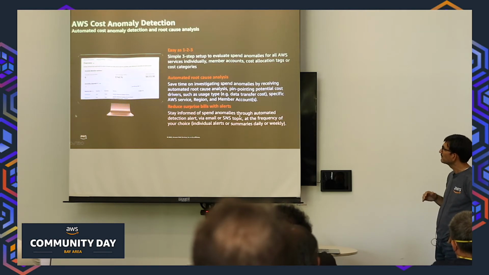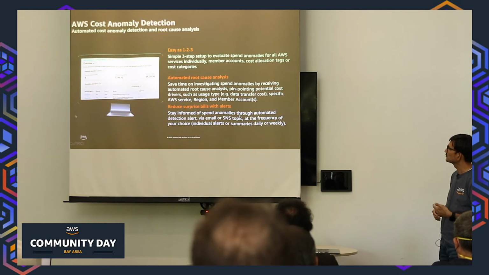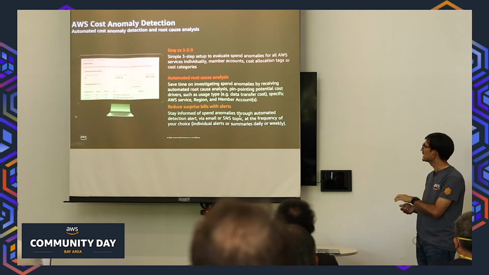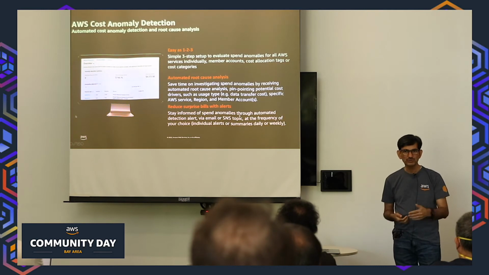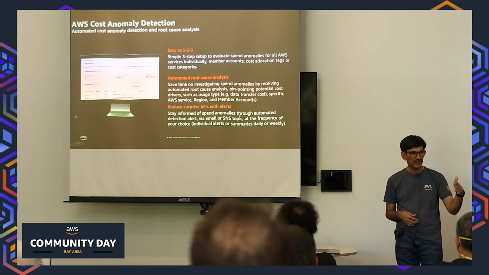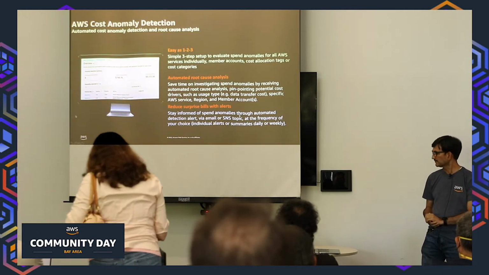This will obviously save you time investigating those anomalies. It will give you some root cause analysis as well as point to the actual drivers of those cost spikes, like which resources and things like that.